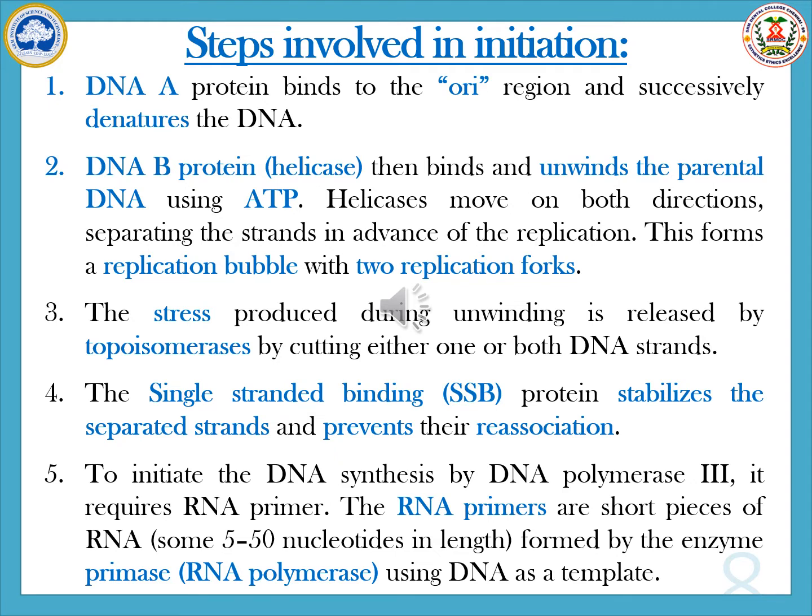So the primase synthesizes these RNA primers using DNA as a template, so that once the RNA primers get synthesized, the DNA polymerase 3 can add the base pairs to the RNA primers in order to elongate the synthesis of the DNA. This is how the DNA gets elongated or replicated.